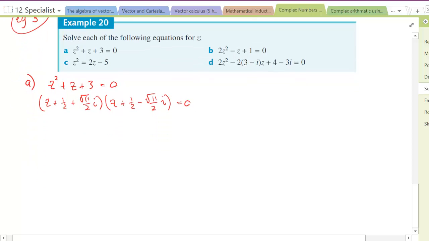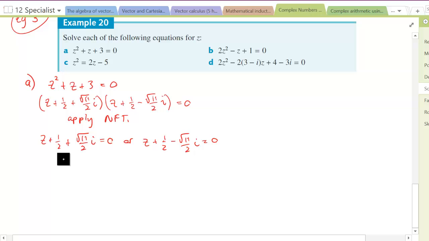If we apply null factor theorem here, then we get z plus 1/2 plus root 11 on 2i is equal to 0, or z plus 1/2 take root 11 on 2i is equal to 0.